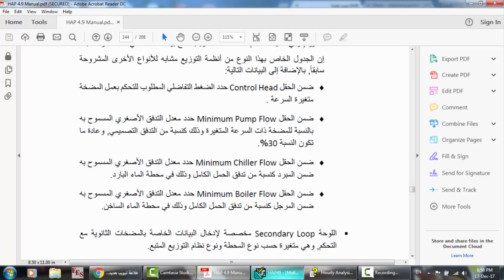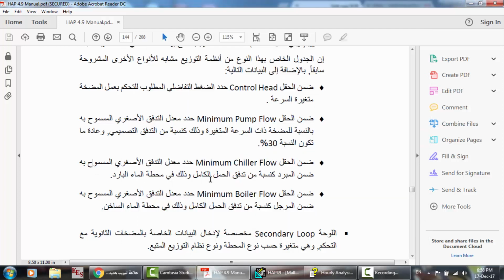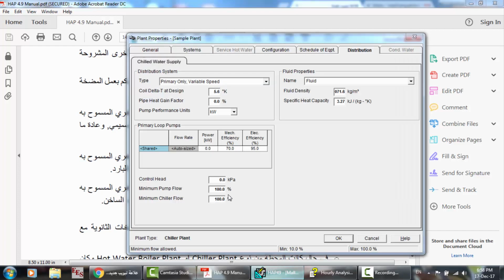Also, for the minimum chiller flow, you have to give the minimum percentage of the flow of the chiller, and the percentage is also of the nominal flow rate, the design flow rate, or the full load flow rate.